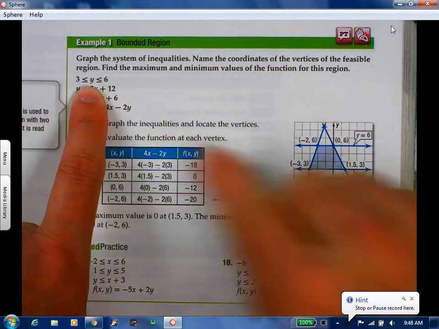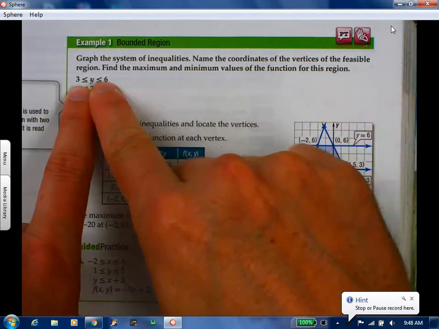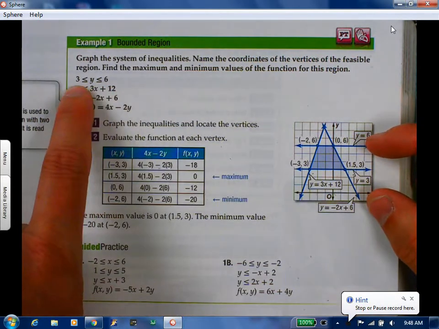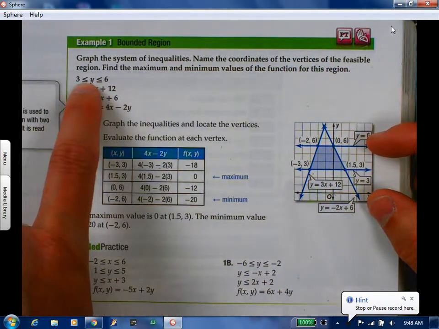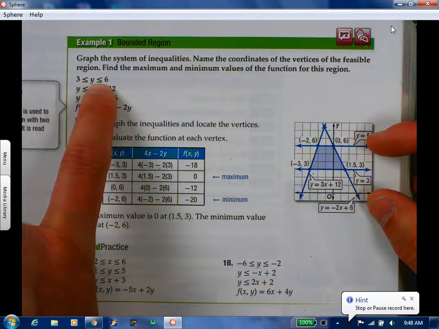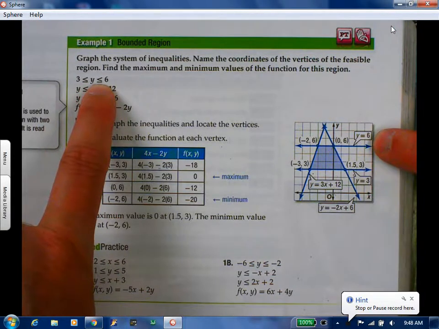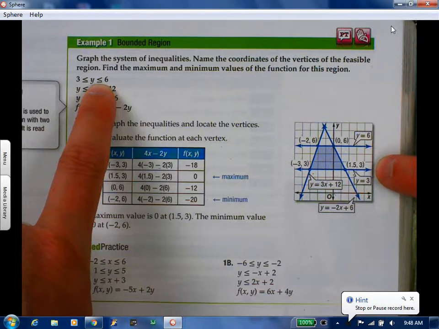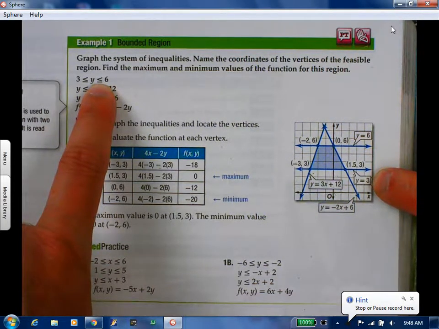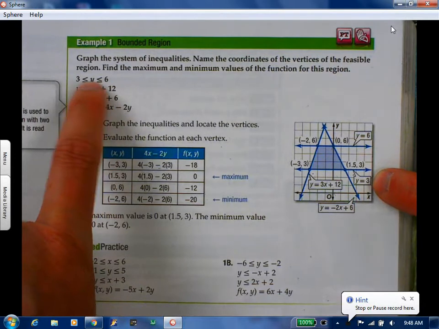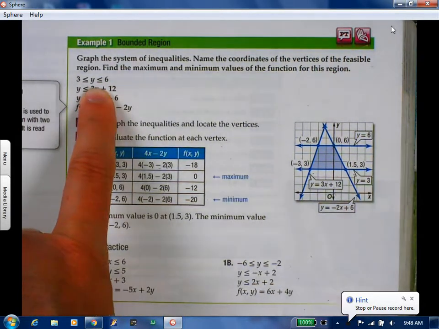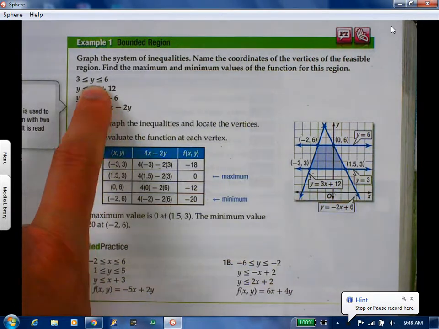This is how you get parallel lines real easy that are either horizontal or vertical. You see how the y is greater than 3 or less than 6? It's y equals 6 and y equals 3. So this represents two horizontal lines in this case. If it was an x, it would represent two vertical lines.